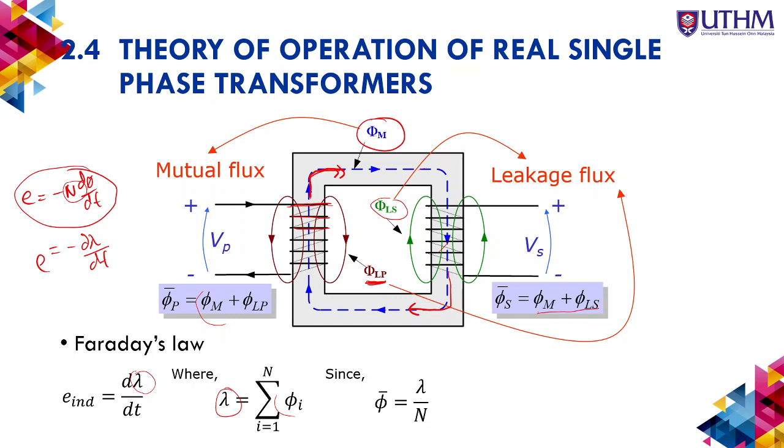How many lines there are, that is how many turns. Okay, so then it becomes like this. So they call it the average. So from here you can see they assume all produce the same. However, in this situation they use the average flux. Okay, average flux.